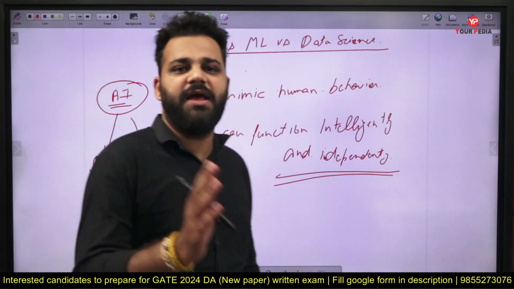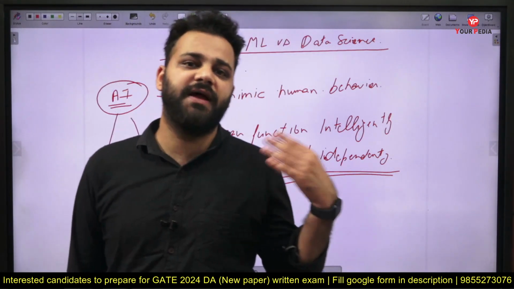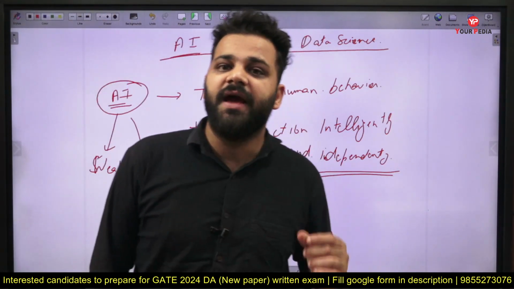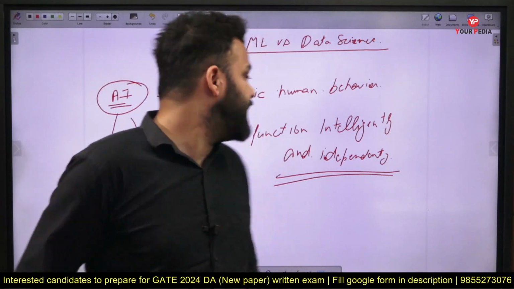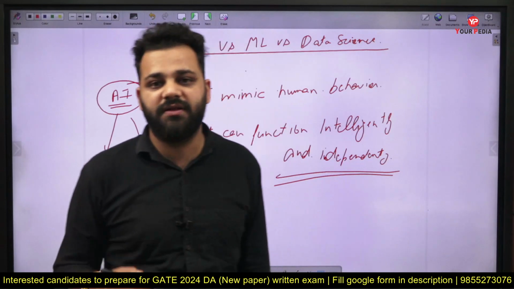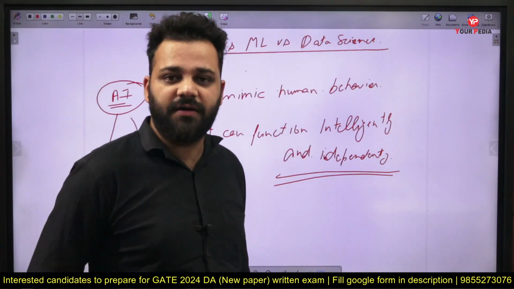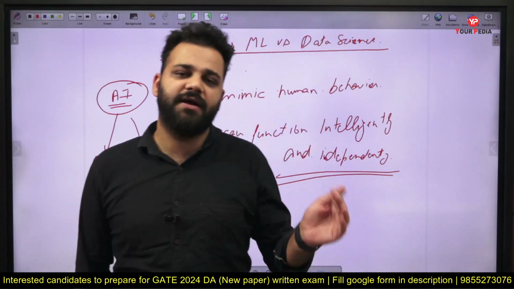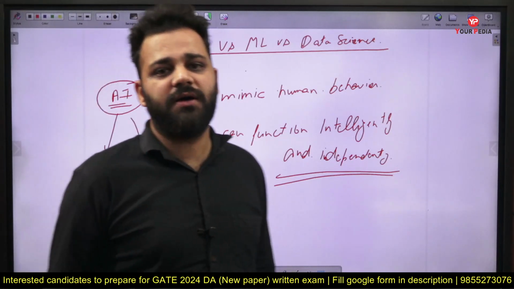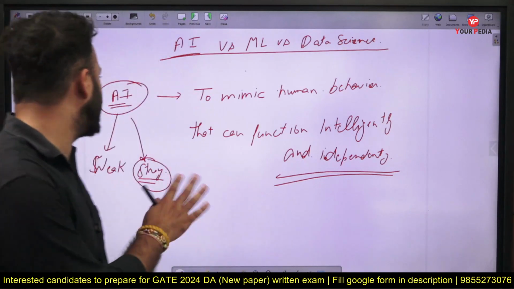If some AI is just focused on one part of the problem, then that will be categorized under weak AI, and if it is doing multitasking and handling multiple problems, then it will be strong AI. If it is interacting with the human in a very good way, then it will be categorized into another type of AI. And there are also some AIs which are just theoretical, but we are defining them on the expectations that we will be having from that AI. So this is what AI is.